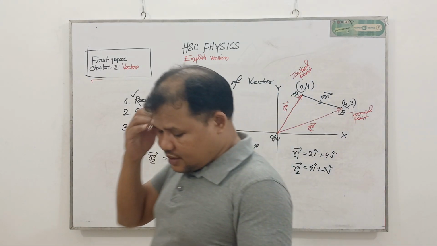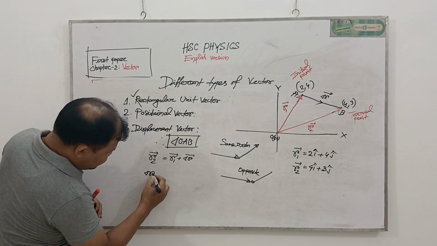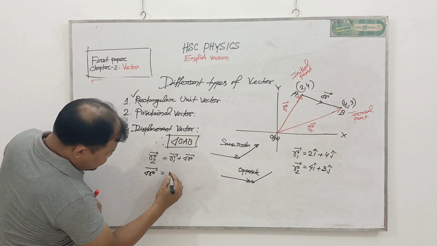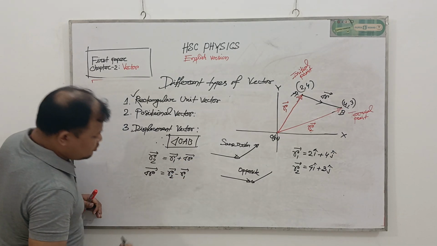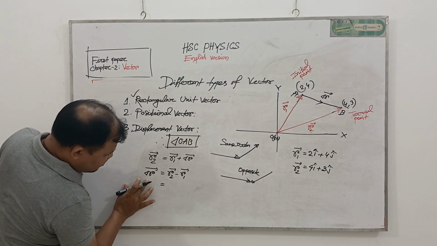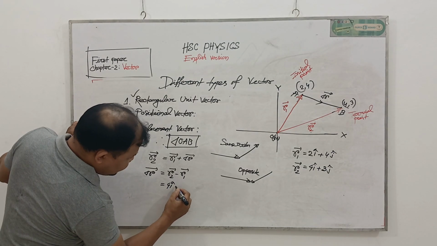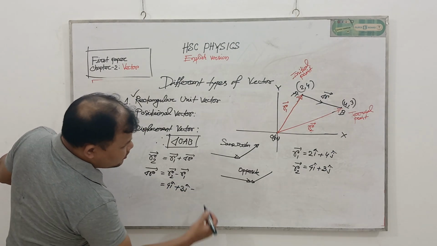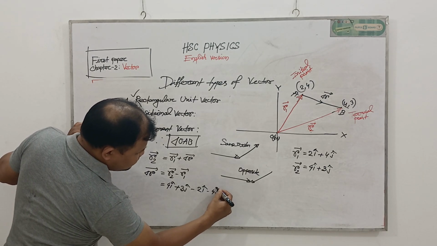My dear students, if we change the side, then we get del R, that means the displacement vector. After changing the side, we get R2 minus R1. If we put the values here, then we get the displacement vector. R2 is 4 i cap plus 3 j cap minus R1 which is 2 i cap minus 4 j cap.